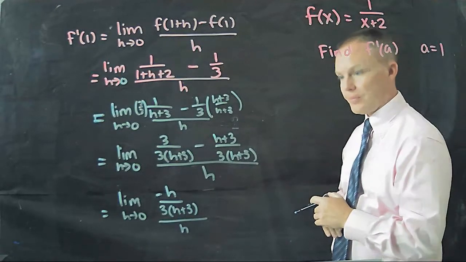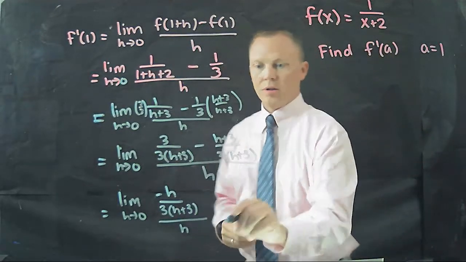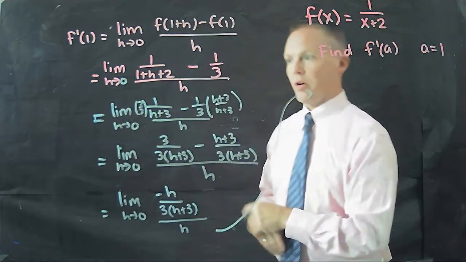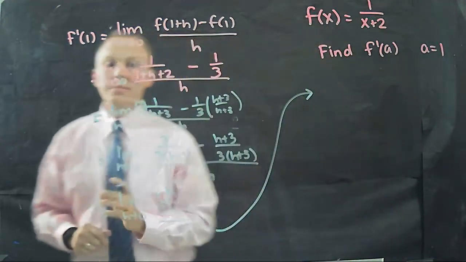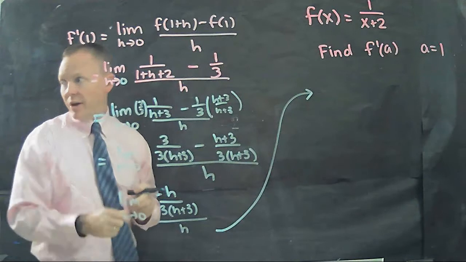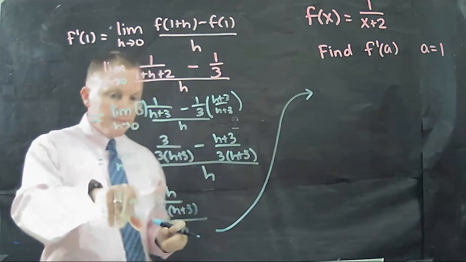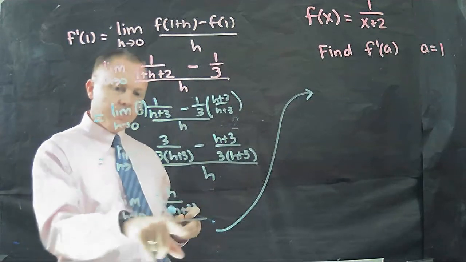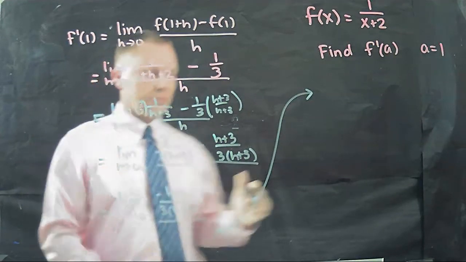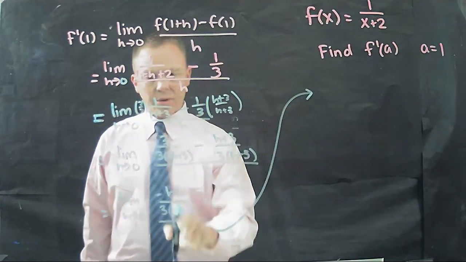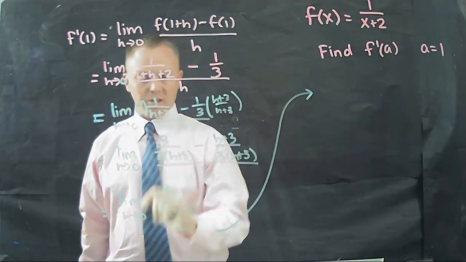Don't forget about that. And now I'm going to go over here because I'm running out of room down here. If I simplify this, the h's are going to cancel, because when I multiply by the reciprocal, I'm going to have h in the denominator.